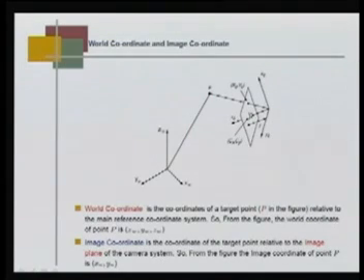So, this is my image plane. This image plane central point is CX, CY. This is the origin of this image plane. So, from the figure the image coordinate of the point P, which is here, is XU, YU.